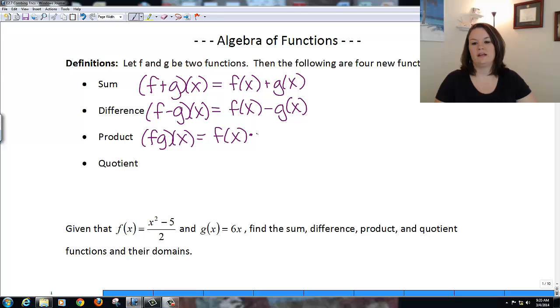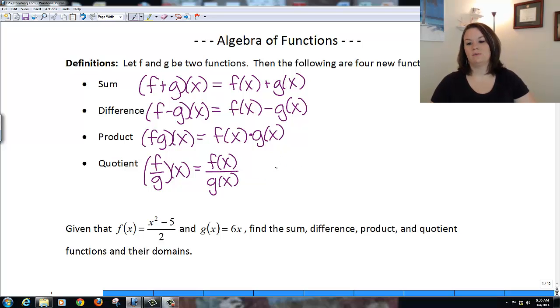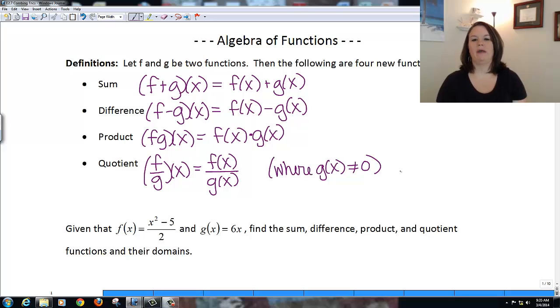We're doing f of x times g of x. So if there's more than one term, we need to FOIL or distribute. And then our quotient is f over g of x, which means I'm taking my f of x function and dividing by my g of x function. And I'm going to put a little disclaimer here where g of x cannot be 0, which we'll address when we look at our domain.